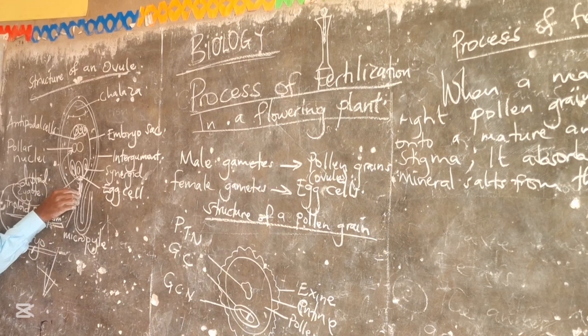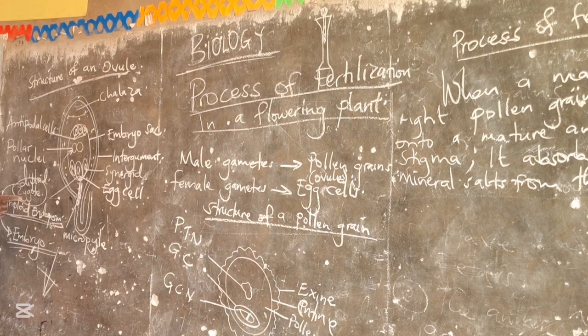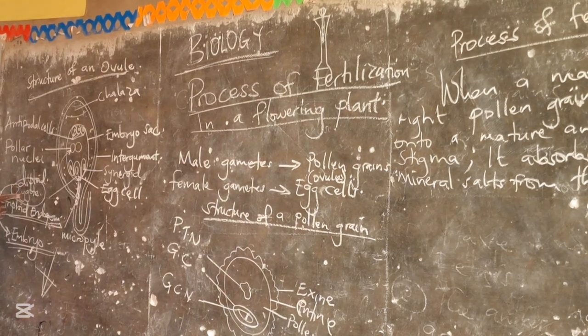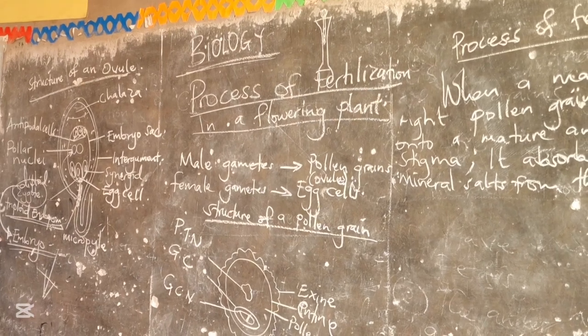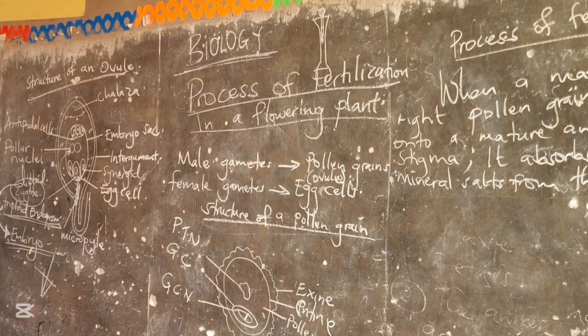One of the male nuclei fuses with the egg cell to form a zygote, a diploid zygote, which develops into an embryo after fertilization.